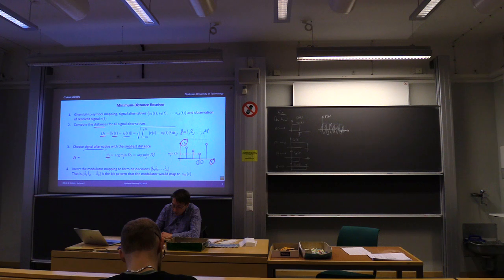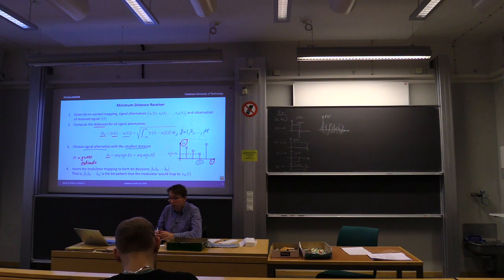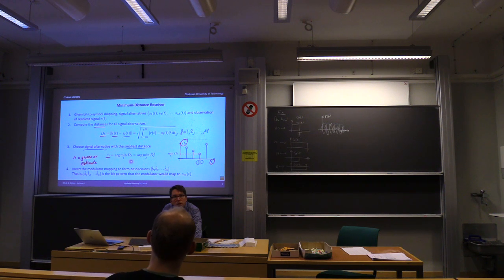So hat equals guess or estimate. It has nothing to do with Fourier transforms or anything like this. It's just a notation used in the field to denote an estimate. So M hat is the index of the smallest distance.